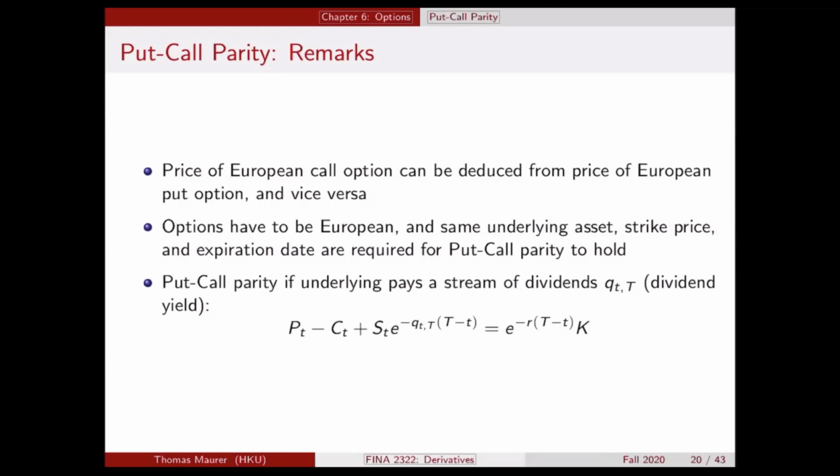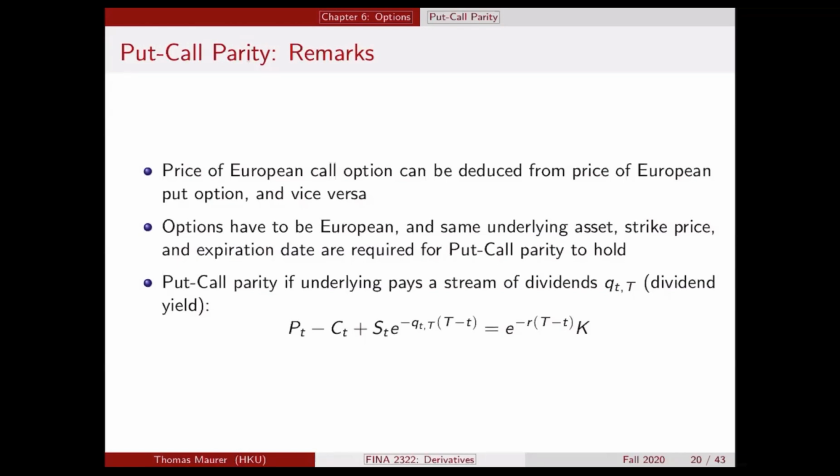Another important thing is that the put-call parity only holds for put and call options which have exactly the same strike price. So if your put and call options have different strike prices, well, then our strategy will not add up anymore to exactly yield K dollars at the maturity date.